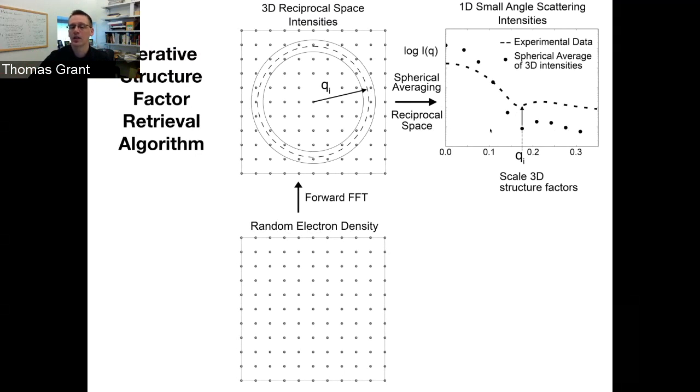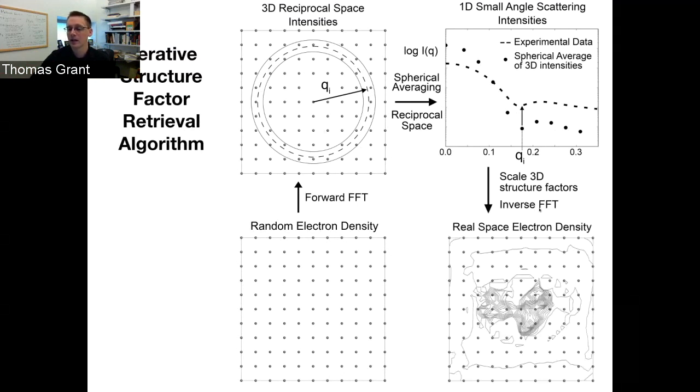And we're actually going to calculate this scale factor as a square root of this ratio, and that's because we're going to change the amplitudes rather than just the intensities. So once we do that, we get a new set of structure factors in 3 dimensions in reciprocal space, and from that we can calculate an inverse Fourier transform and return to real space.